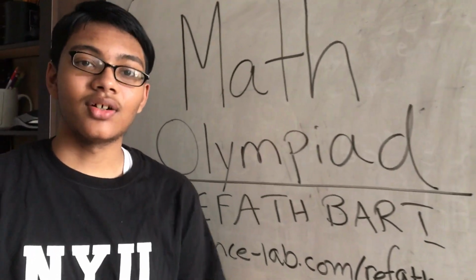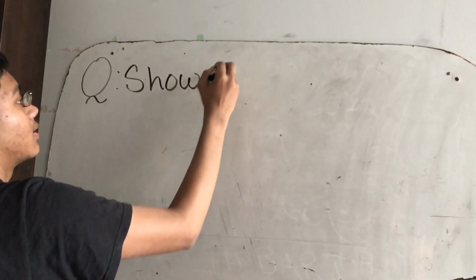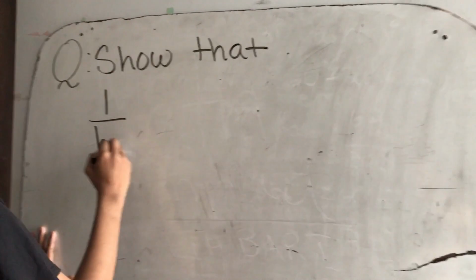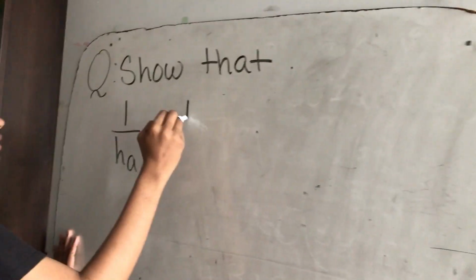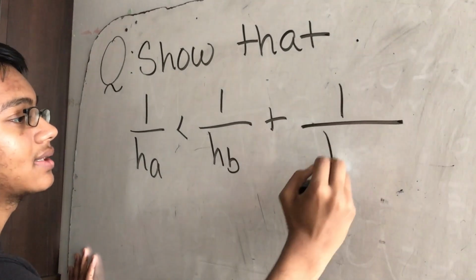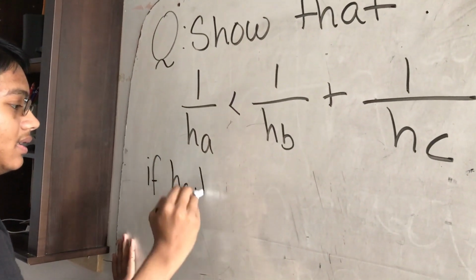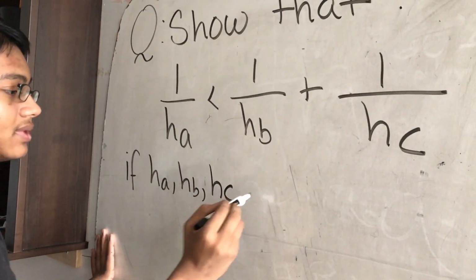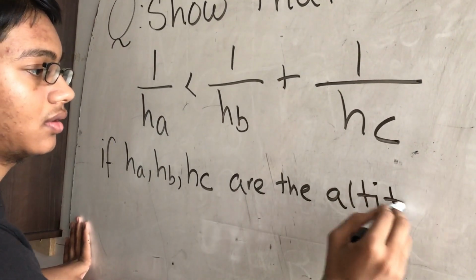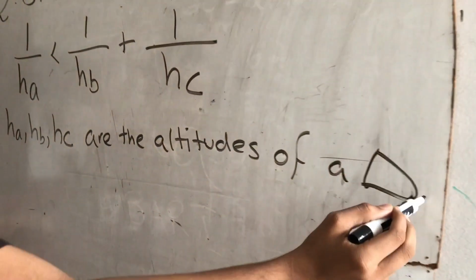So let's get started on our math Olympiad problem. Show that 1 over h sub a is less than 1 over h sub b plus 1 over h sub c if h sub a, h sub b and h sub c are the altitudes of our triangle.